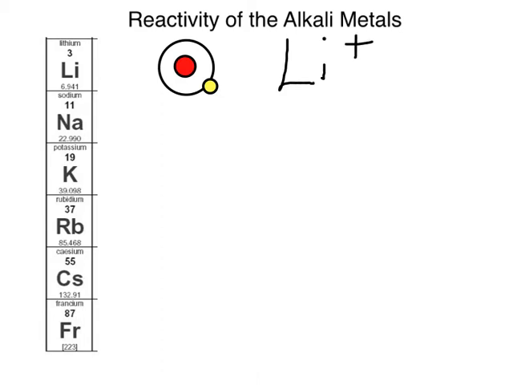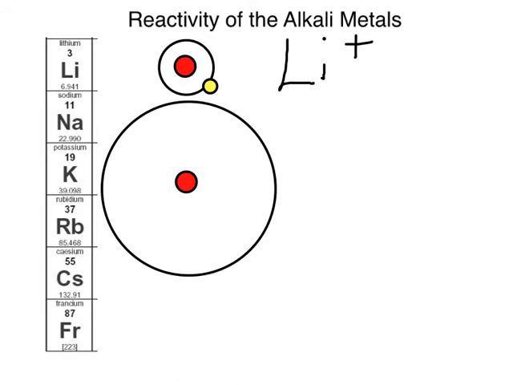Now if we go down and have a look at potassium. Now potassium, again, it has that one electron in its outer shell, but you can clearly see that the difference in space between them means that it's a lot further away.